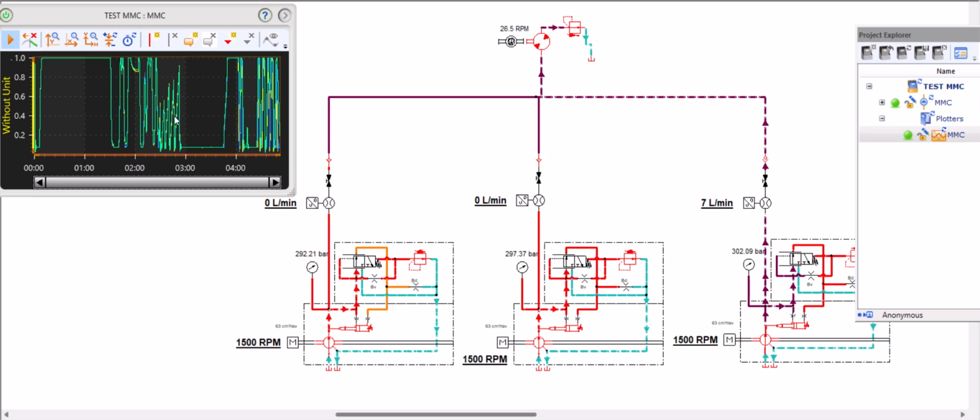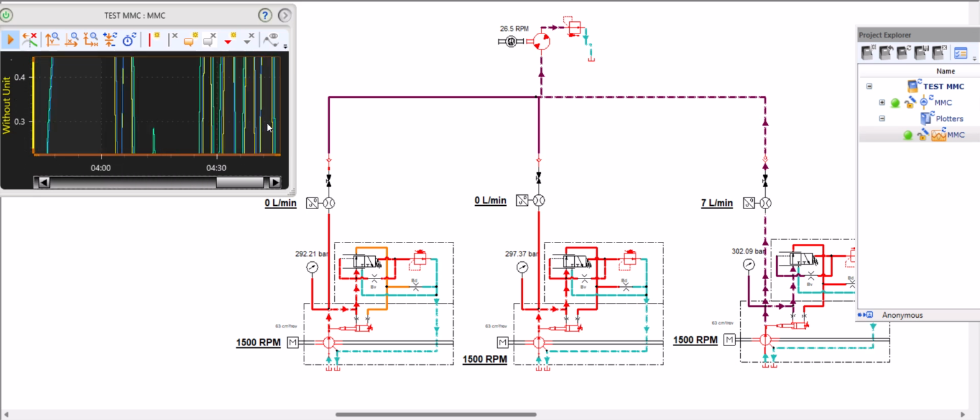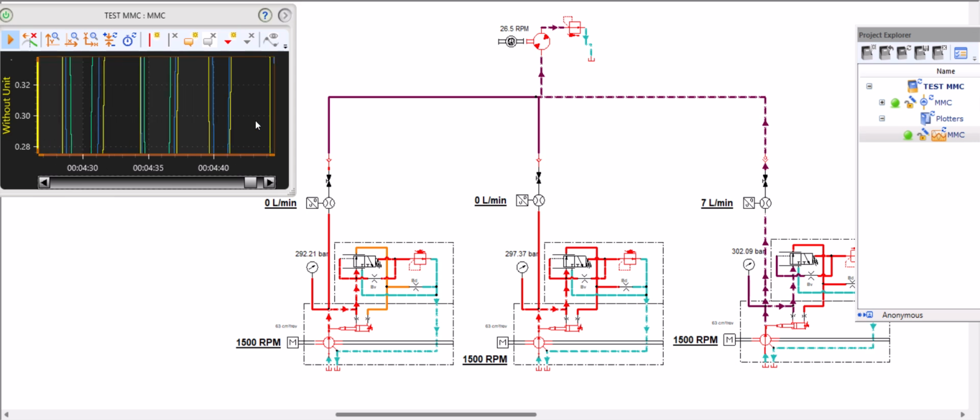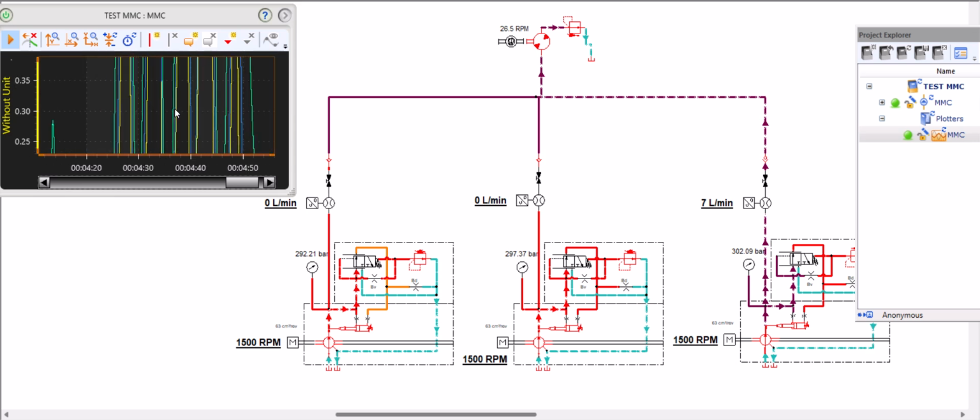At this position, when we had an equal 280 bar setting, you can see that most of the curve was ideal. However, at this position, you can see that different pumps are stroking at different values.